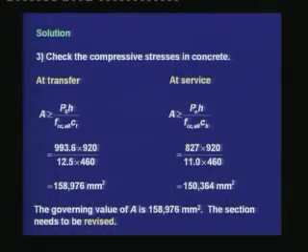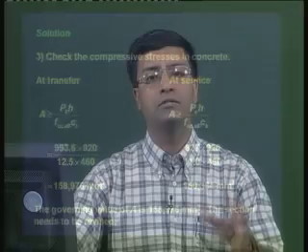The governing value of A is 158976 millimeter square, and since our section had an area of 150,000 millimeter square, the section needs to be revised because the area is smaller than what is required based on the allowable compressive stress.